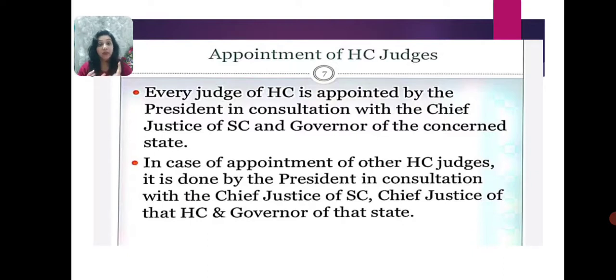So a High Court judge of that state is directly appointed by the president, but in consultation with the Chief Justice of the Supreme Court, because it is the apex court, and the concerned governor of the state.